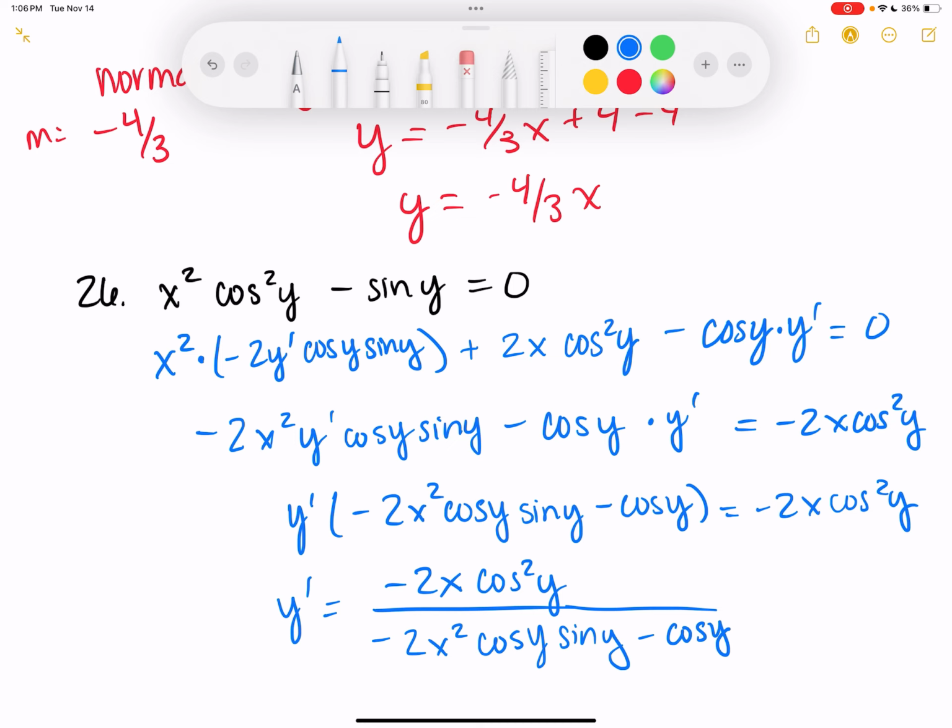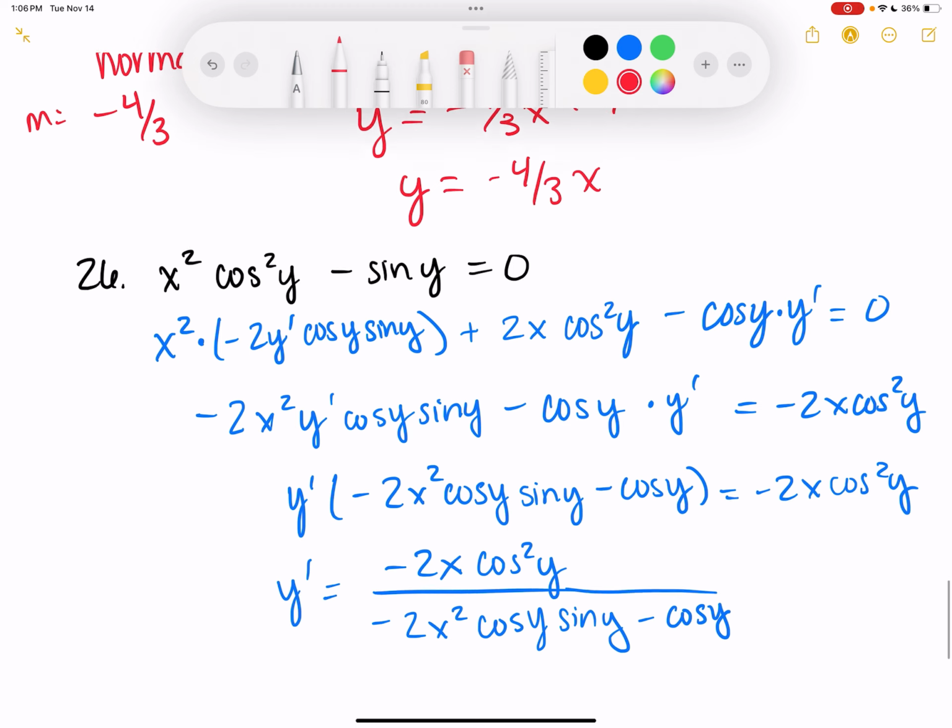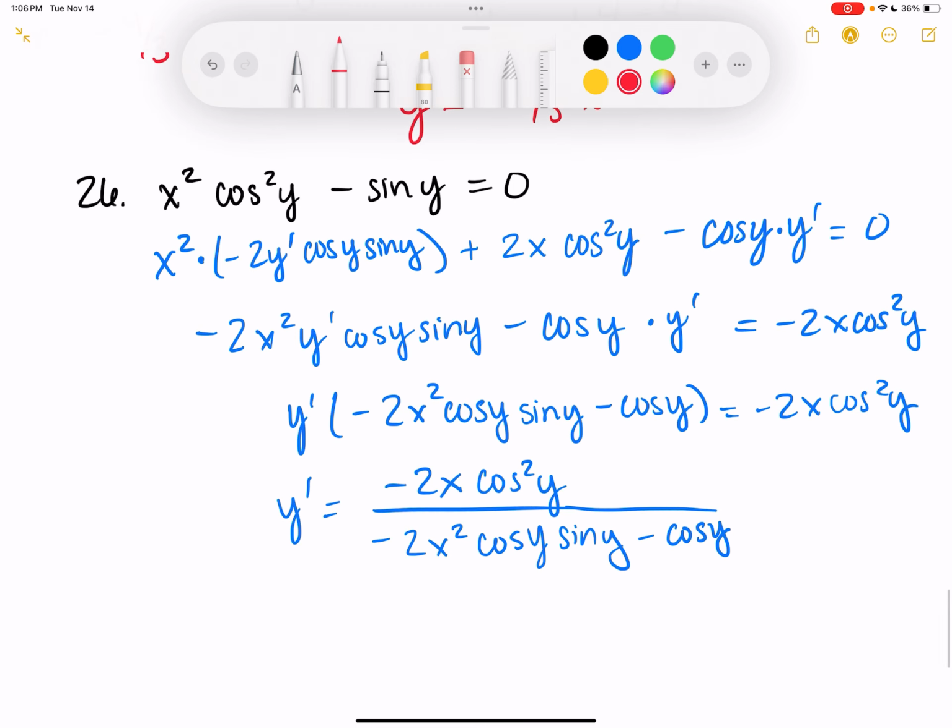Now, before you start plugging things in, I would simplify this down as much as possible. What do you see that I can simplify down? Cosine. I'm going to do something I would normally tell you not to, but I'm going to cross out the cosines. Now remember, this is now a minus 1 by taking that out, and that takes out one of these cosines. If it wasn't in both pieces on the bottom, I could not have done that.